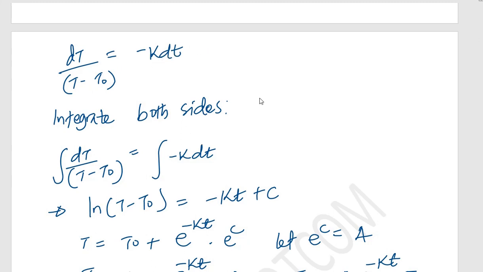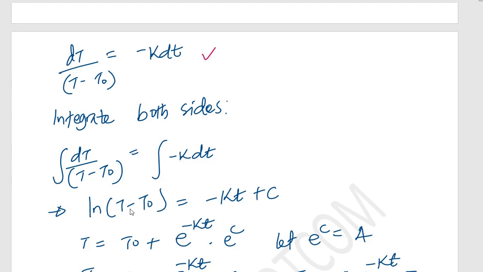So if we integrate both sides, it means we shall integrate the integral of 1 over T minus T naught dT, which is equal to the integral of negative k with respect to time.